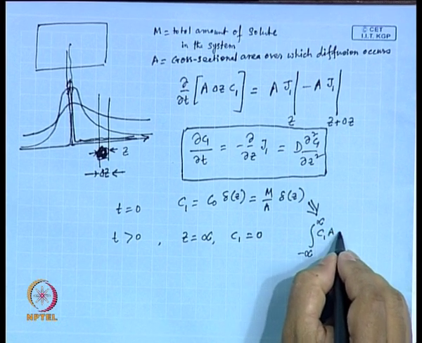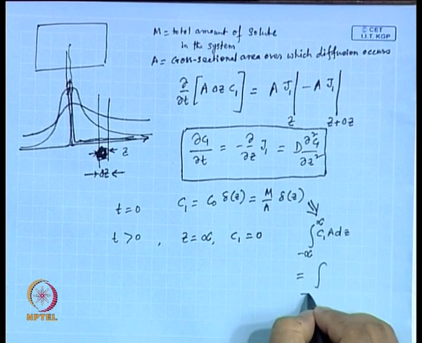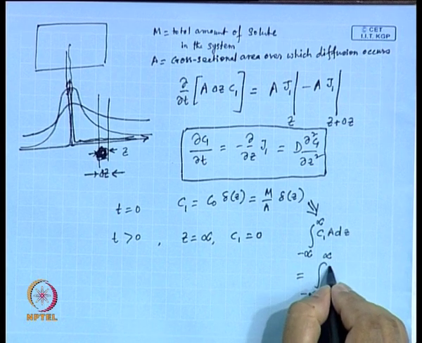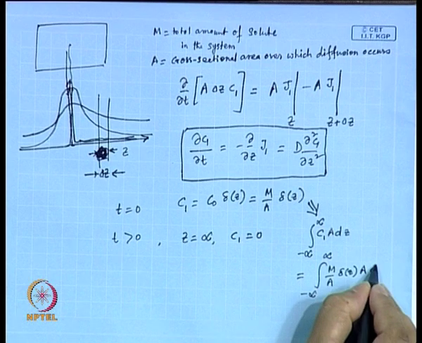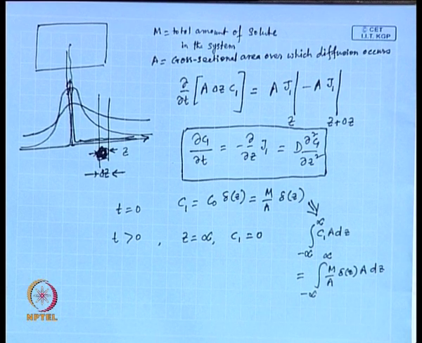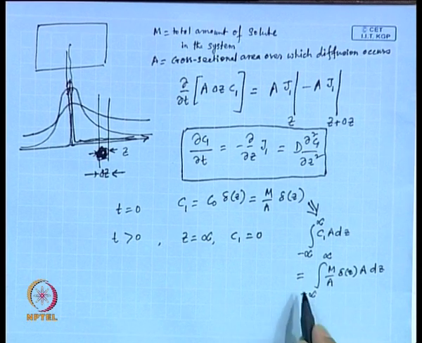So, what that means is integral of C1 A dz would be equal to integration from minus infinity to plus infinity of m by A delta z A dz. Okay. And A cancels out, m comes out of the integral.